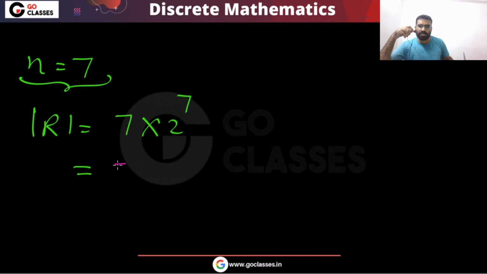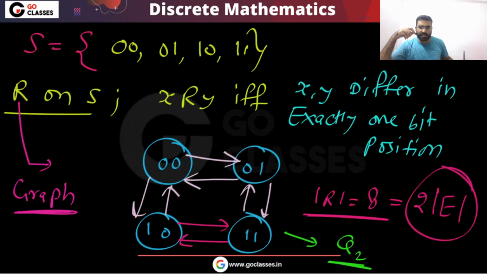So that will be 7 into 2 power 7, which is 7 into 128. Can you calculate this value? I think this will be 896. So the answer will be 128 multiplied by 7, that is 896.